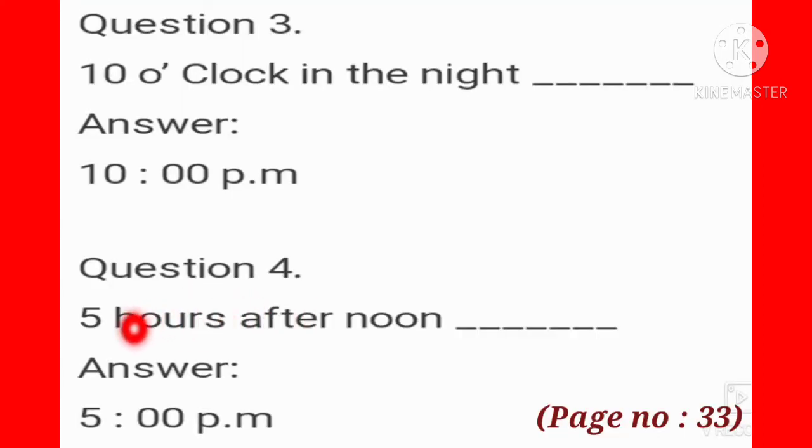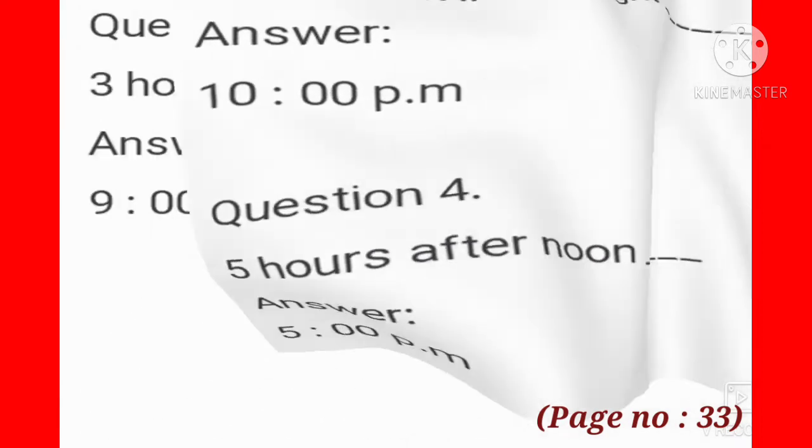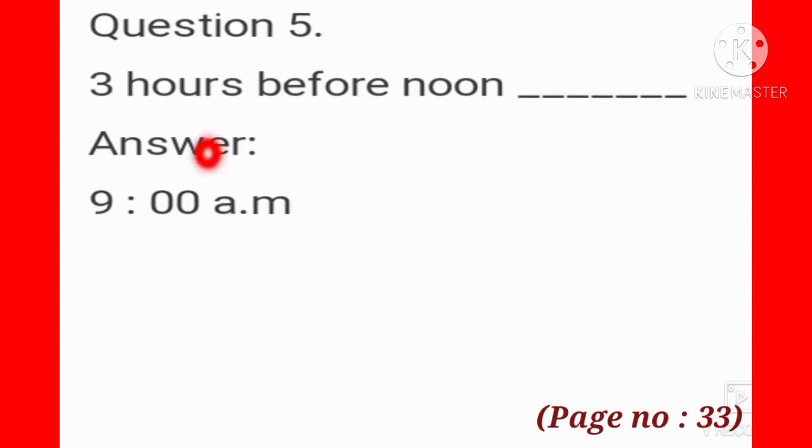Question number 4. 5 hours after noon. So children, we know that the time between noon and midnight 12 is represented by post meridiem, that is PM. So 5 hours after noon will be PM. So the answer is 5 PM. Fifth question. 3 hours before noon. We know that from midnight 12 o'clock to noon, we write AM.